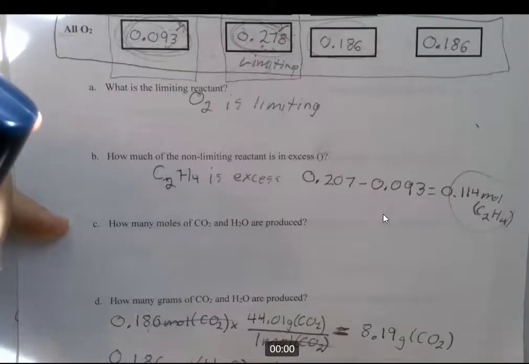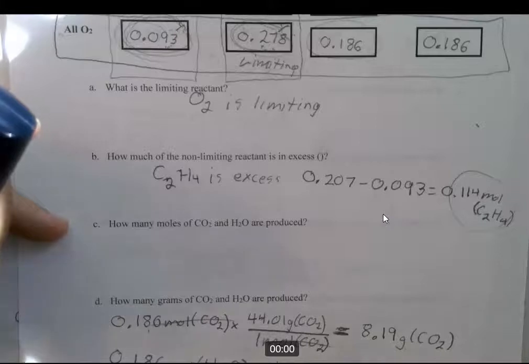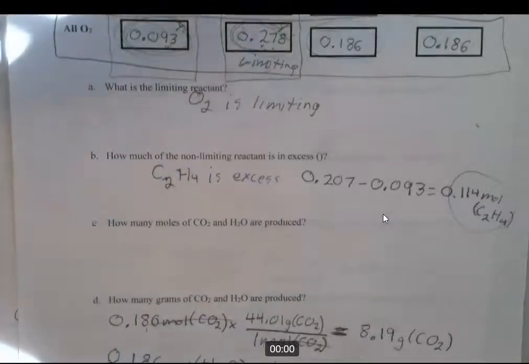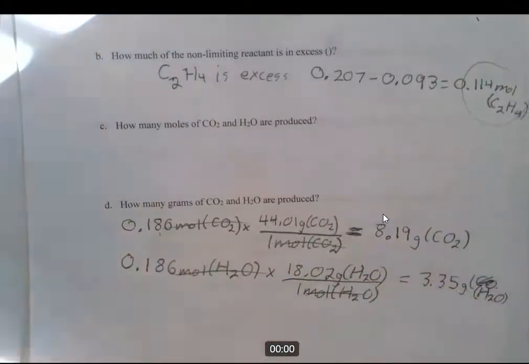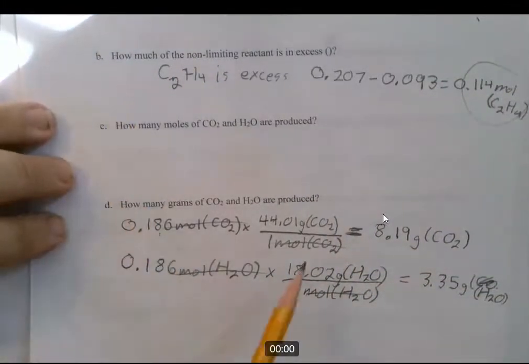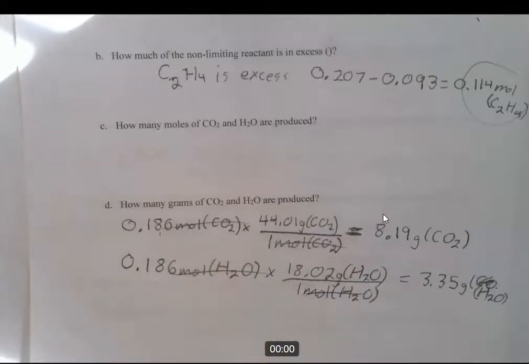And I'm not going to worry about significant figures here. Not CO2, H2O. Okay, 3.35 grams H2O. So there you go. Get that down right there. Again, same exact thing, except a different molar mass for water than for carbon dioxide.